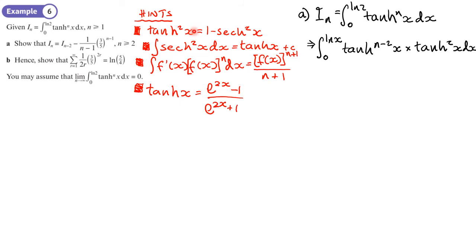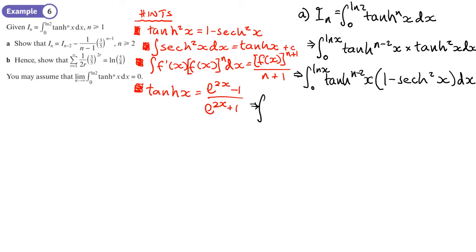Okay, right, and now we use our first hint here, that we're going to change this to 1 minus sec squared. So this will be tan n minus 2x, that's going to be times by 1 minus sec squared x. Next thing we're going to do is expand these brackets.